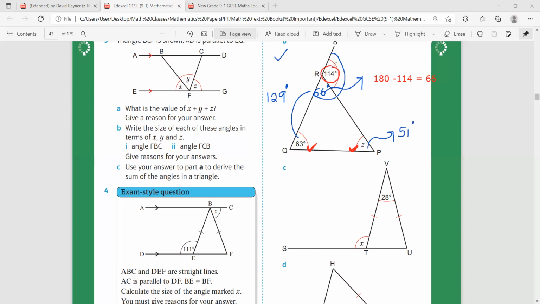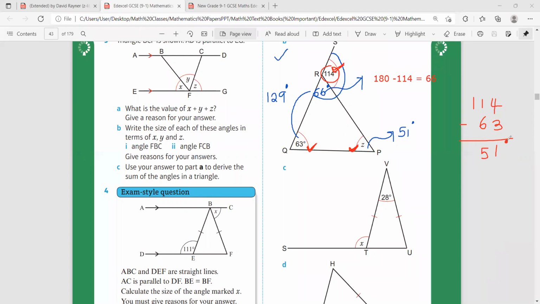We know when you produce one side of a triangle, this value should be the addition of these two. So if you take it like that, you're getting 114 minus 63. Let me check whether you're getting the same answer. So from here, if you subtract, you're getting 51, so you are getting the same answer.